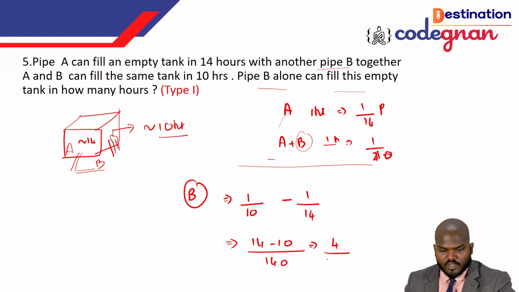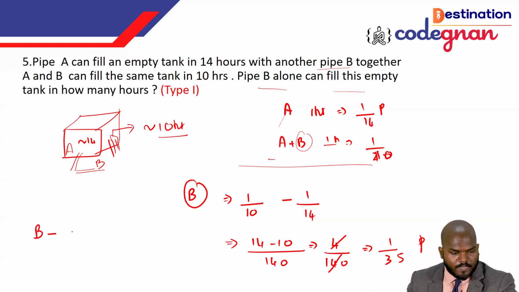If you resolve this and cancel, we get 1 by 35 part. But they are asking how many hours, so B alone takes 35 hours.